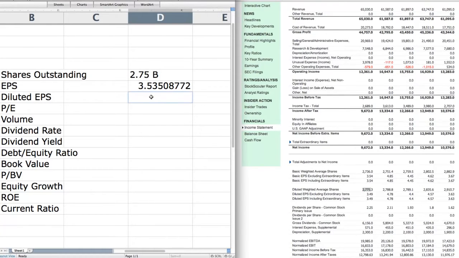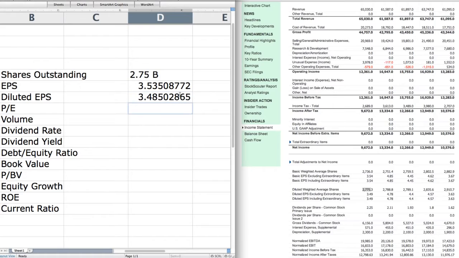How we figure out the diluted EPS is really similar to the way we just figured out the EPS. Let's hit the equal sign and put the net income in again. It's going to be 9,672. We're going to divide that by this diluted weighted average shares, which is 2775.3.